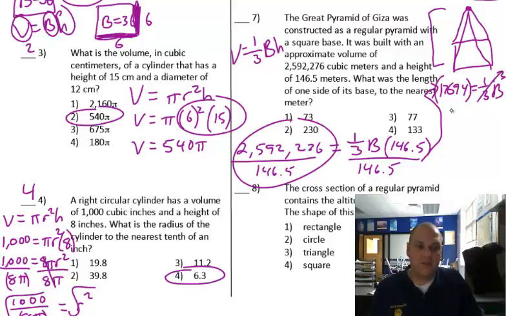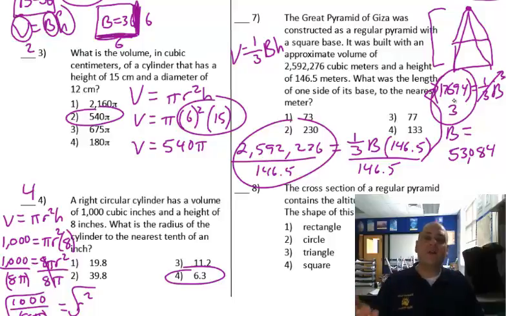Capital B is going to equal 17,694 times 3, and that is 53,084.